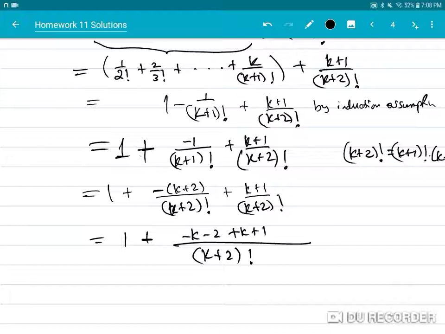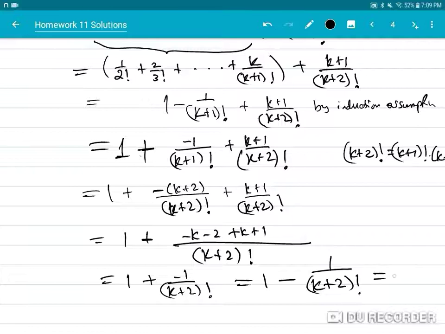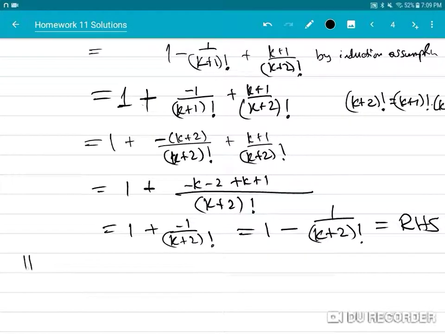And the top gives us just negative 1. Or simply 1 minus 1 over k plus 2 factorial, which is the right hand side of P of k plus 1. Hence, P of k plus 1 is true.